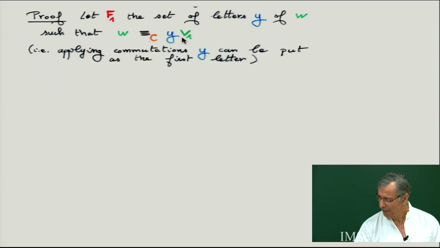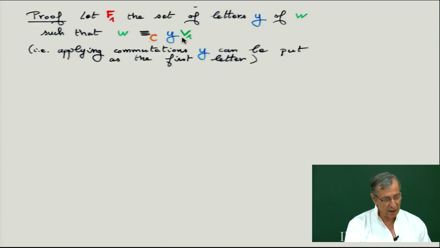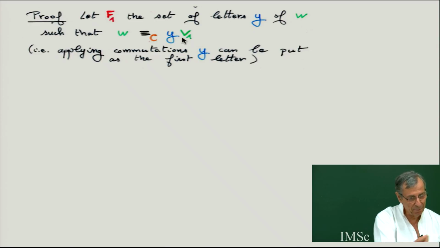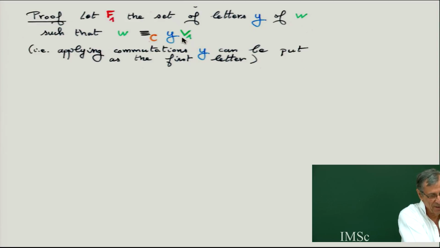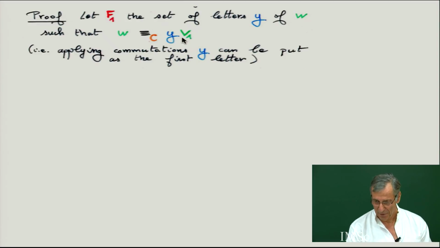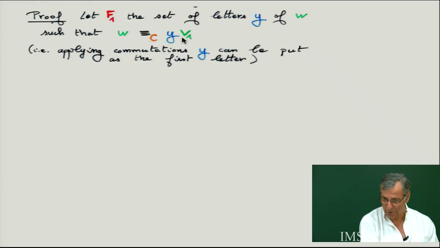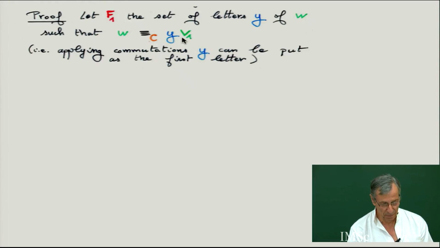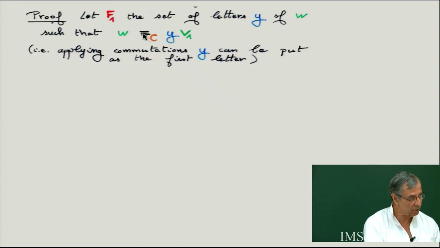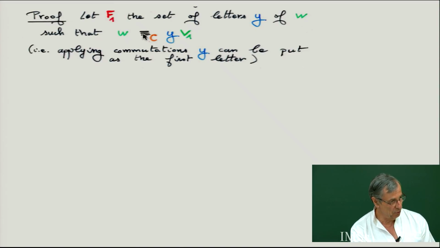It means we take a word W, you take a letter Y, such that by acting the commutation, Y can be brought to the first letter of the word. By doing the commutation, you can bring this letter Y to the first letter. Maybe there are several different letters which can be put at the first letter by doing the commutation. I call F1 the set of all these letters of the word W.